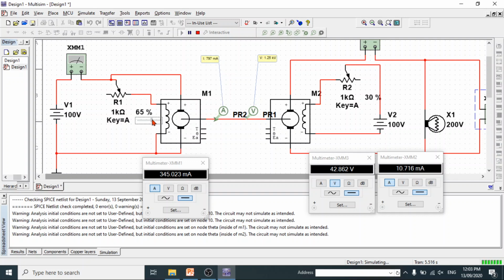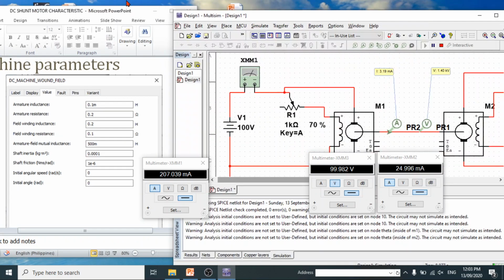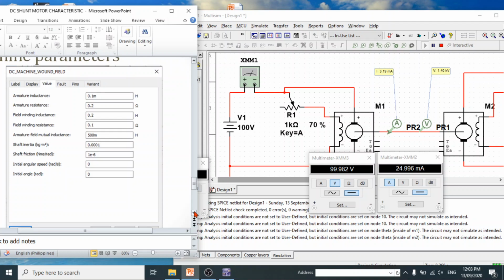If we increase the tapping, the speed of the motor also increases. So basically, to control the speed of the motor is to control the current flowing in the field winding, thereby controlling the strength of the magnetism.